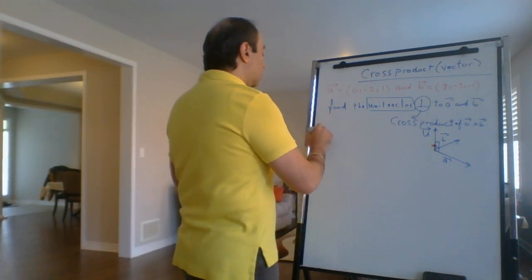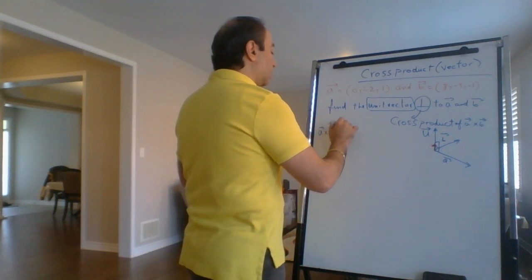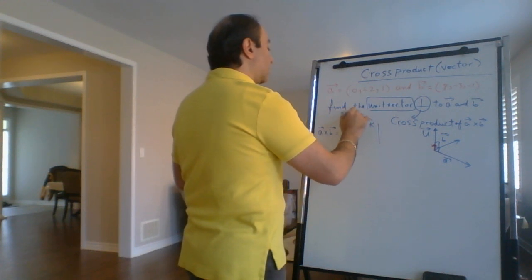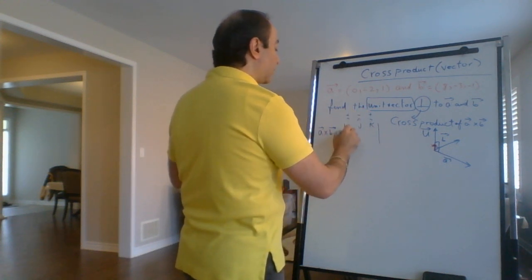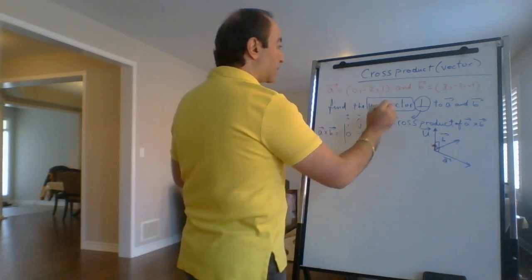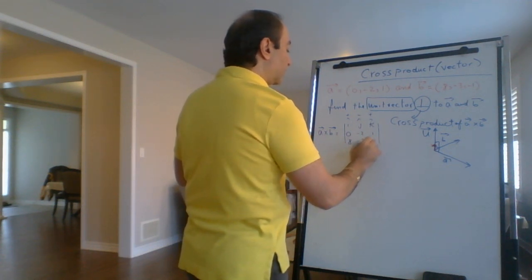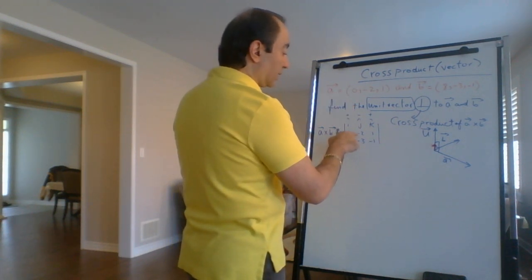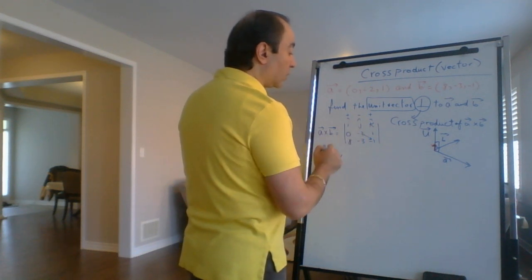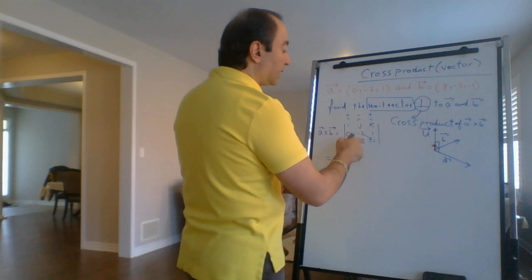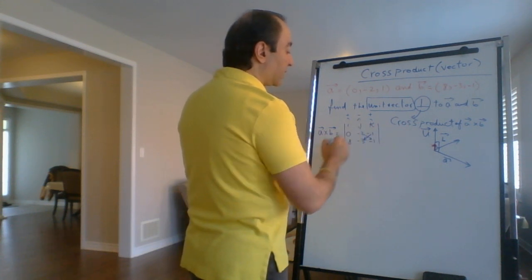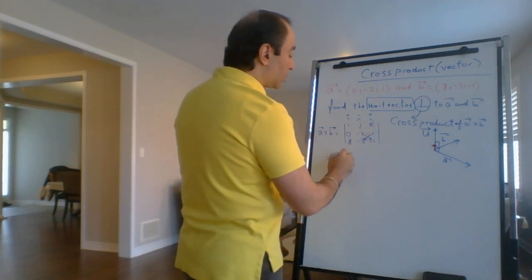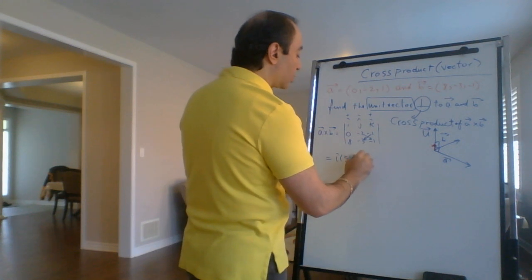So A cross product B, which is 5, minus j.